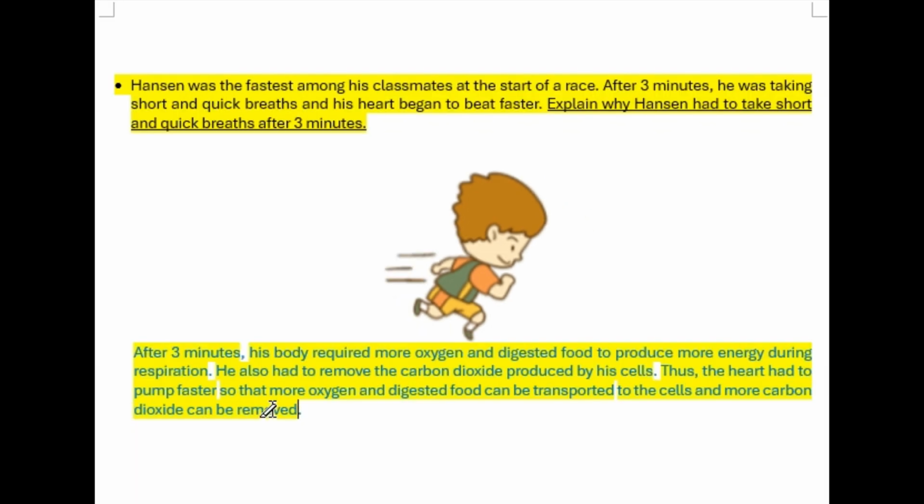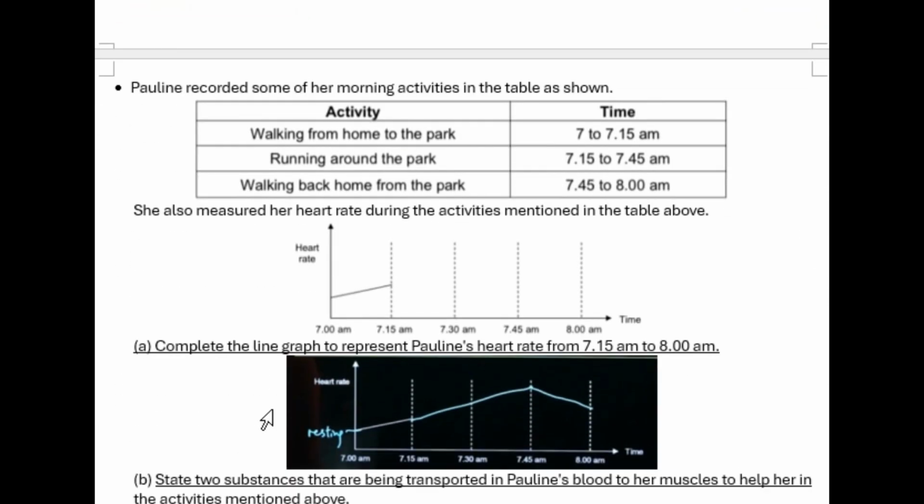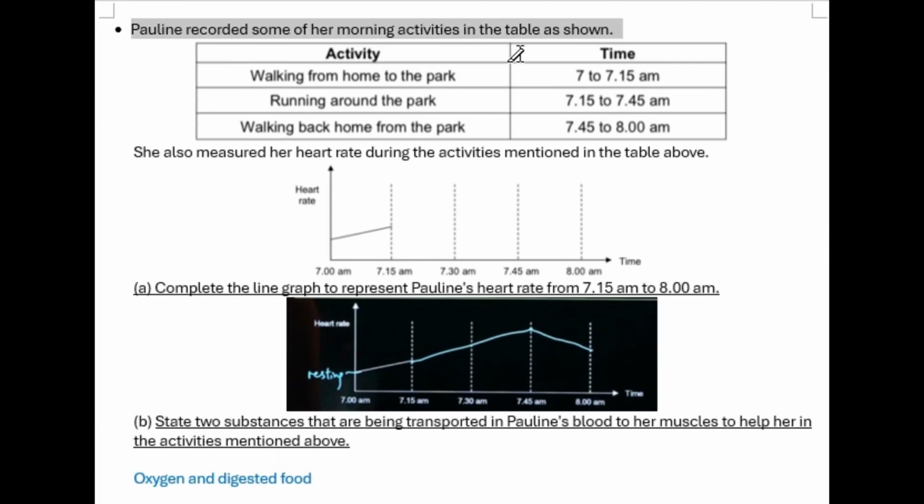Pauline recorded some of her morning activities in the table as shown. She also measured her heart rate during the activities mentioned in the table above.